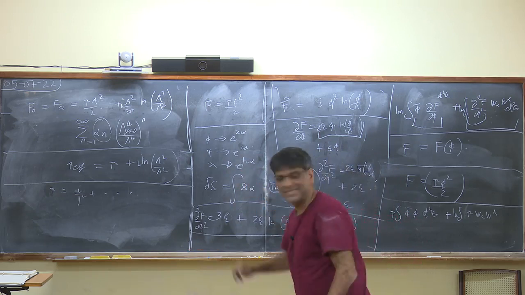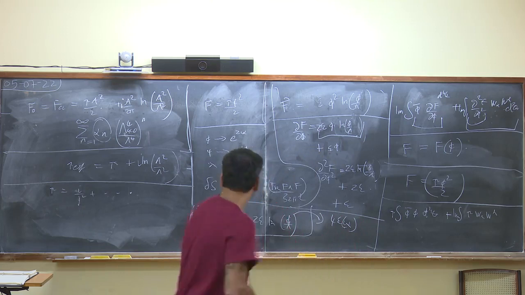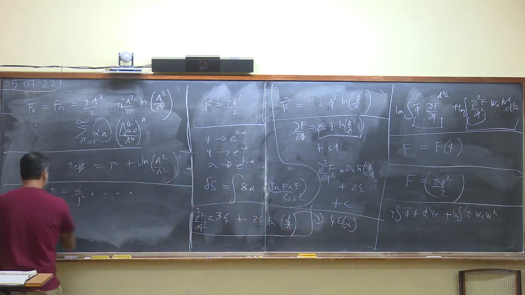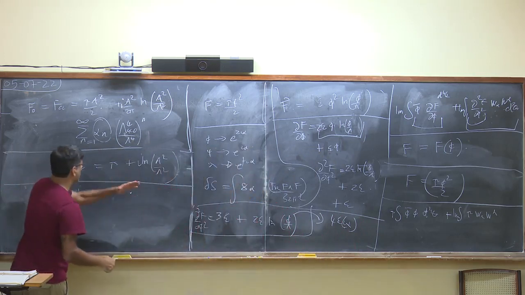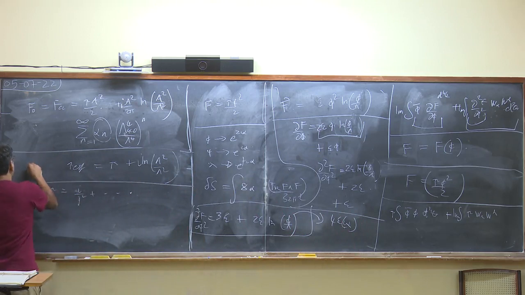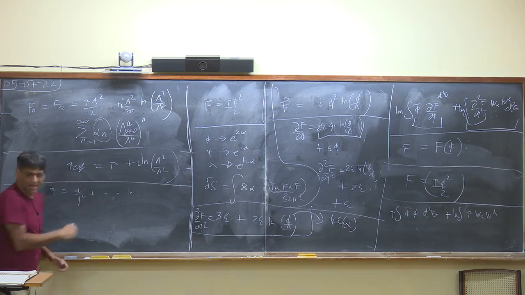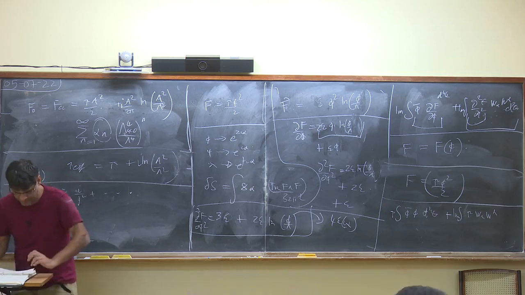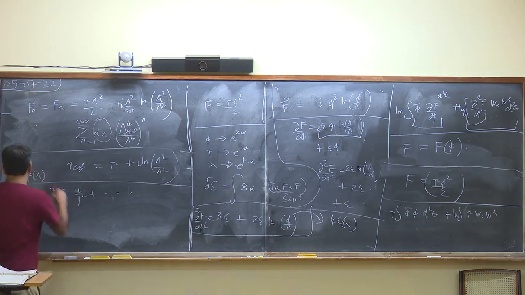At lambda cutoff equals A, exactly. So this thing here is equal to I by g squared of A. Have I got the constants right behind g squared? I've written this down before. 4 pi.